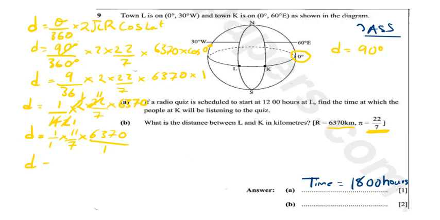So distance is equal to, now it's more like you just have 11 over 7 multiplied by 6370 over 1. Now you have to divide 6370 by 7. You can just go on the side, you say 6370, and then you divide this by 7. So you say 7 into 6, it can't, you write a 0, you get a 3. 7 into 63, it is what?